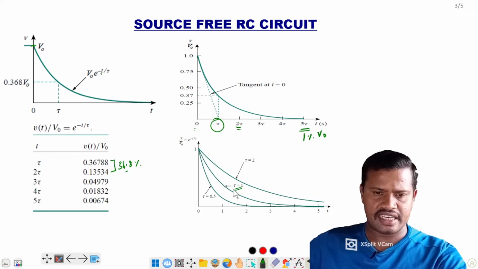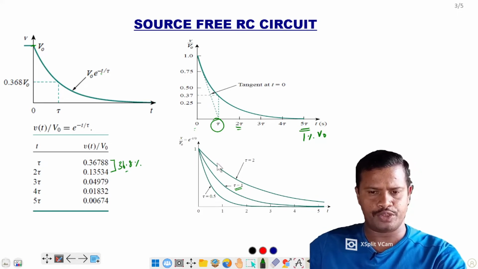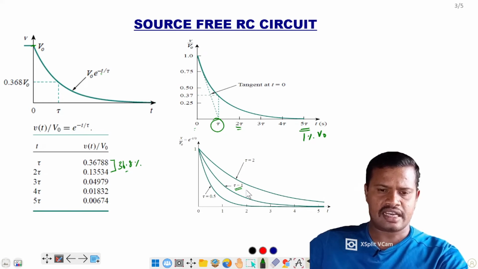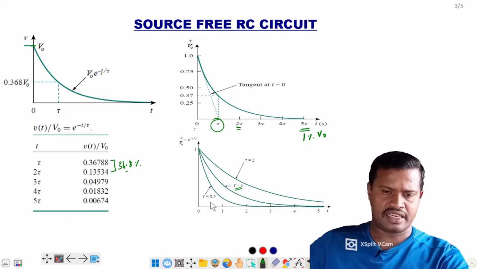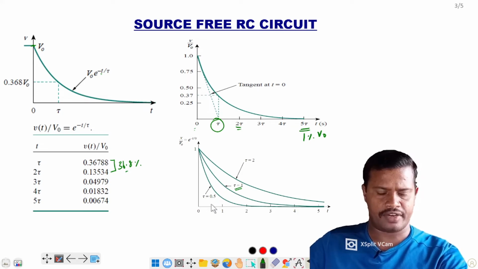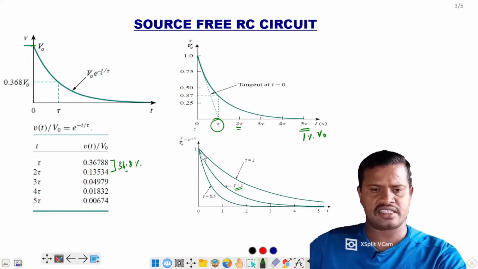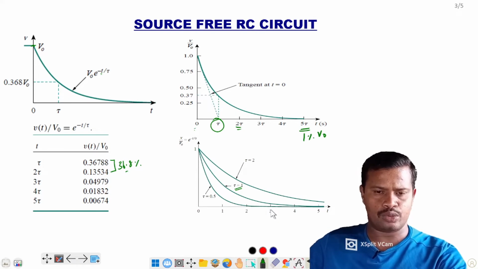When we increase the time constant from tau equal to 1 to 2, the time taken to drop the value from unity to 0 is comparatively more than for one time constant. Similarly, when we decrease the time constant to 0.5, or half of the time constant, the response reaches zero value very quickly compared to when tau is equal to 1.